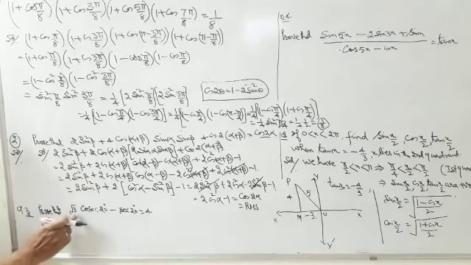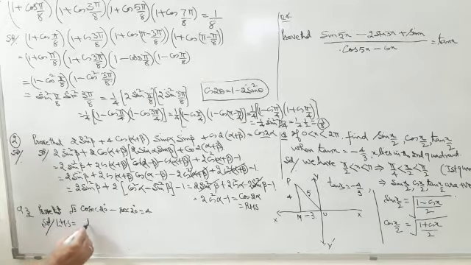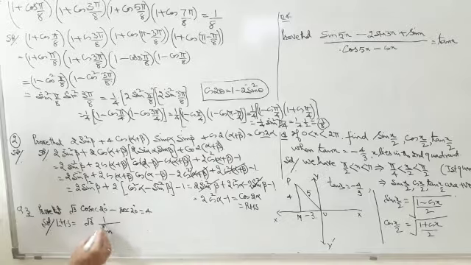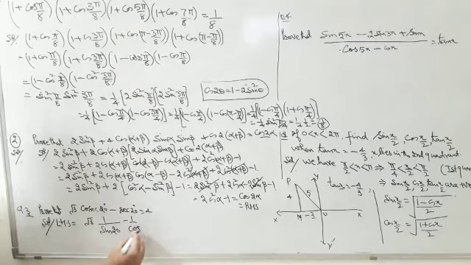The question is under root 3 cosecant 20 minus secant 20 equals 4. I say the left hand side, it is under root of 3, 1 upon sin 20 minus 1 upon cos 20, secant of 20 is like this.